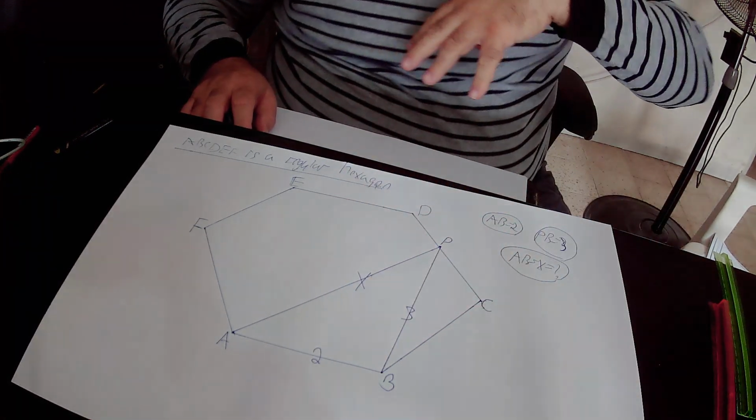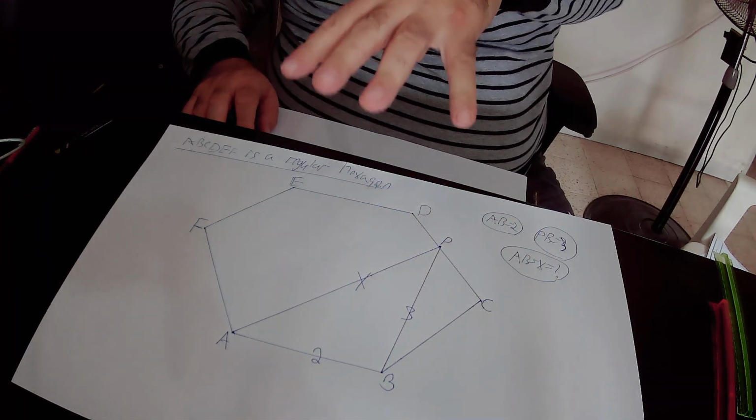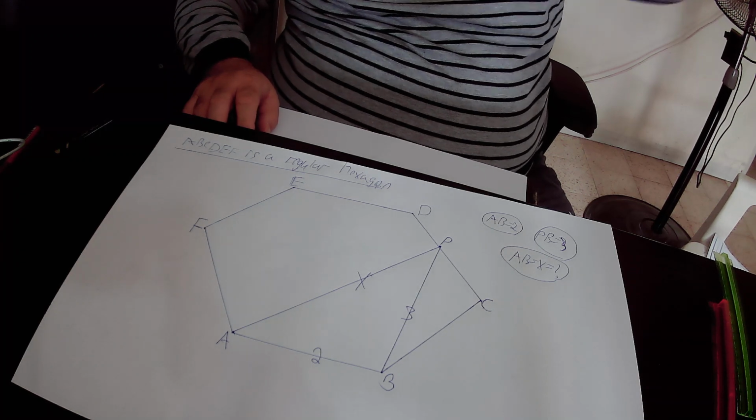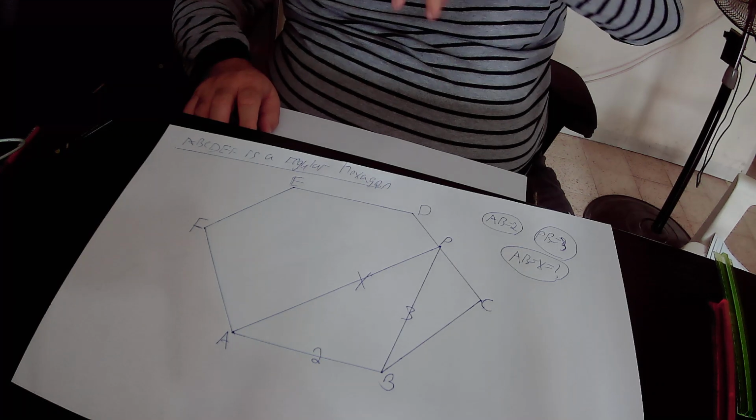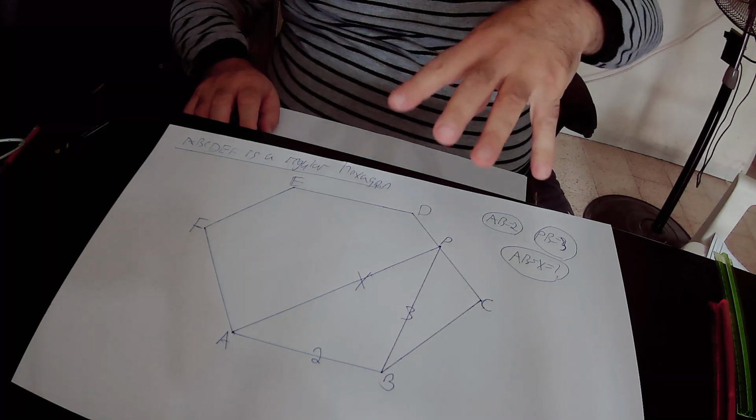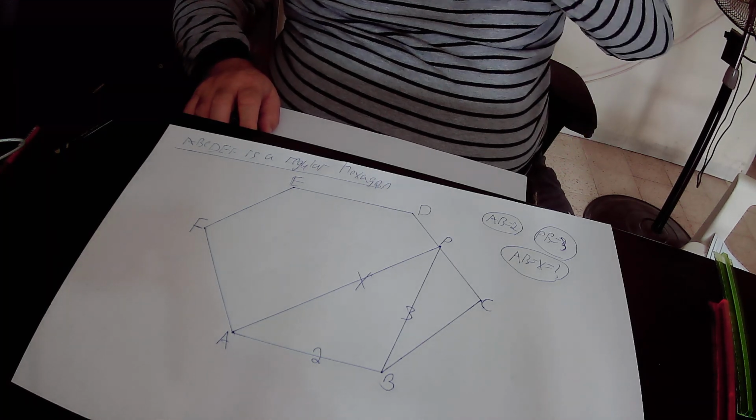And now in this lecture we'll find out the length of line segment X. In the drawing we have a regular hexagon. A regular hexagon is a closed polygon with 6 equal sides and 6 equal angles.